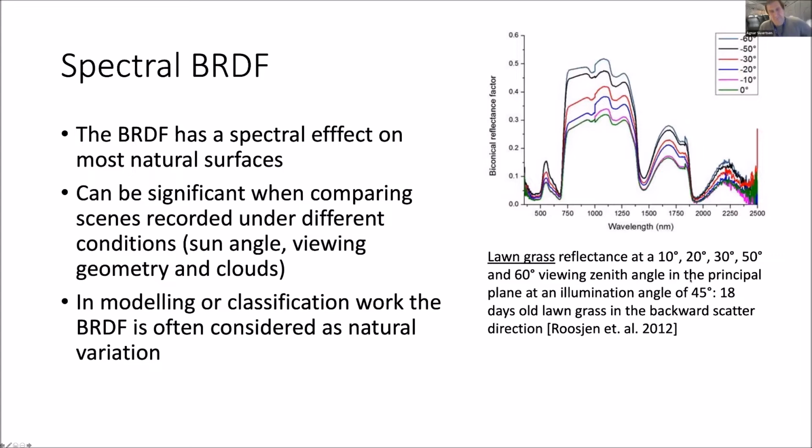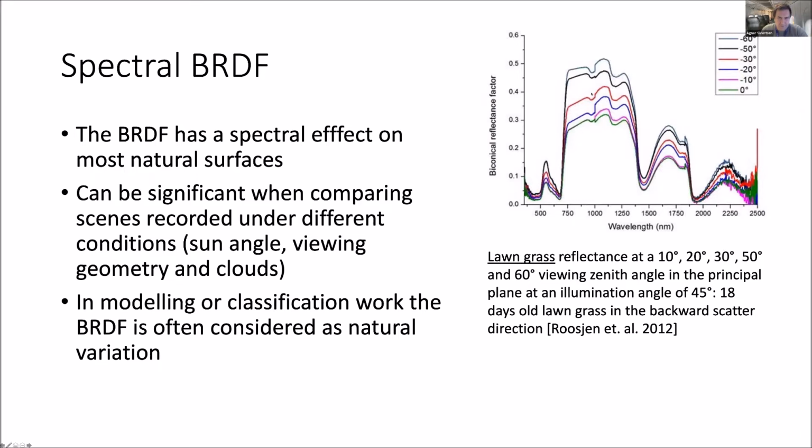That means that the light source and the receiver are in the same plane. We are using an illumination zenith angle of 45 degrees, and we are varying the receiving zenith angle.